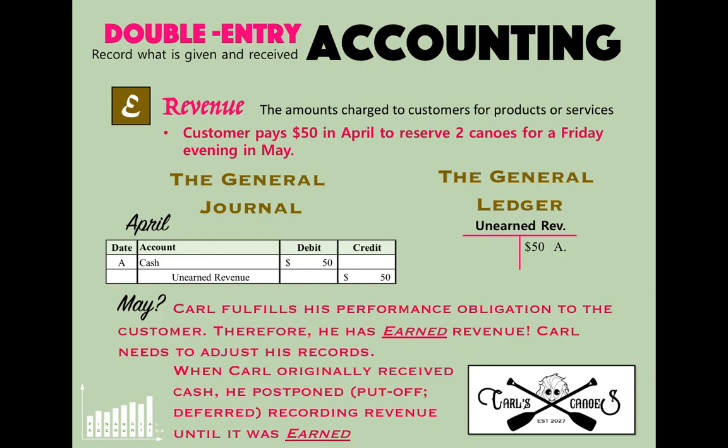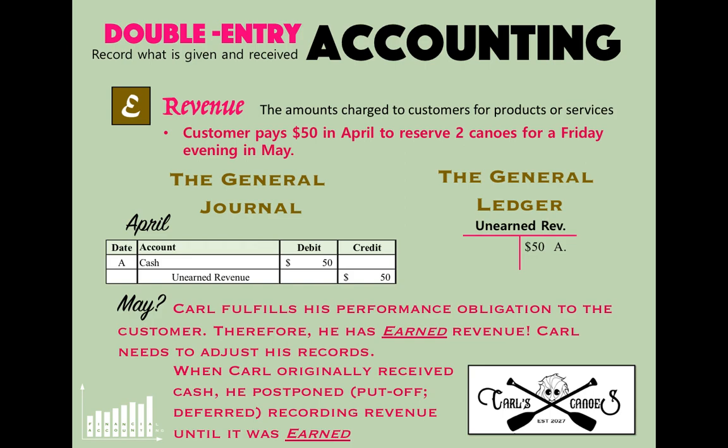Carl fulfills his performance obligation to the customer in May. Therefore, he has earned his revenue. Carl needs to adjust his records now. When Carl originally received cash back in April, he postponed, or we could say he put off, or we could say he deferred recording revenue because it hadn't been earned yet.